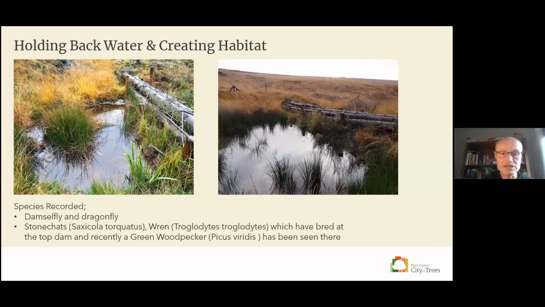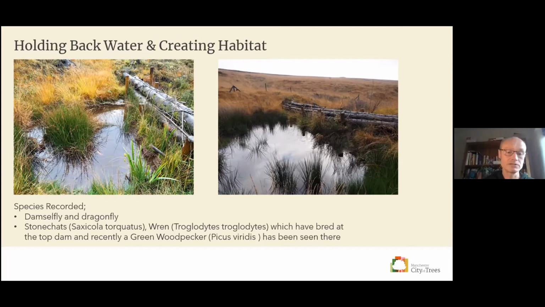And as you can see here, what it's done now is created wetland areas behind the leaky dams that we've installed. And these are really now good for a range of different wildlife species, in particular damselfly and dragonfly, but also birds as well. And this year, birds have been recorded breeding behind the dams.